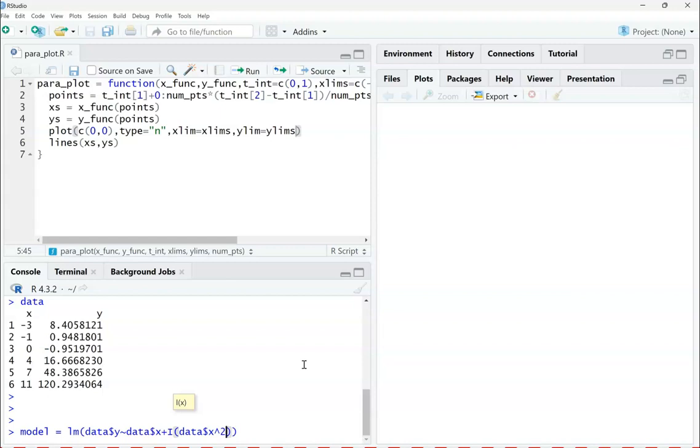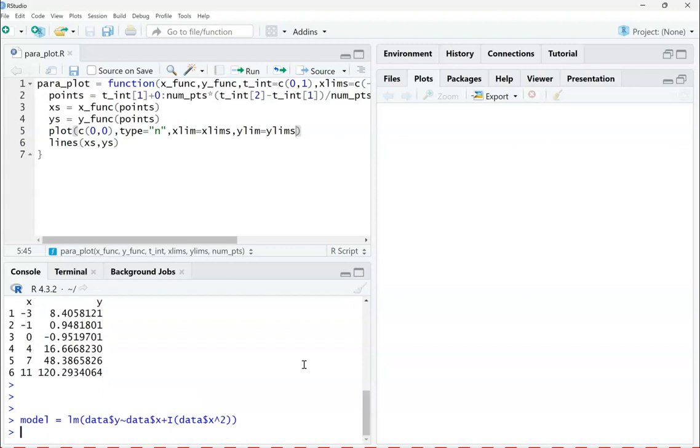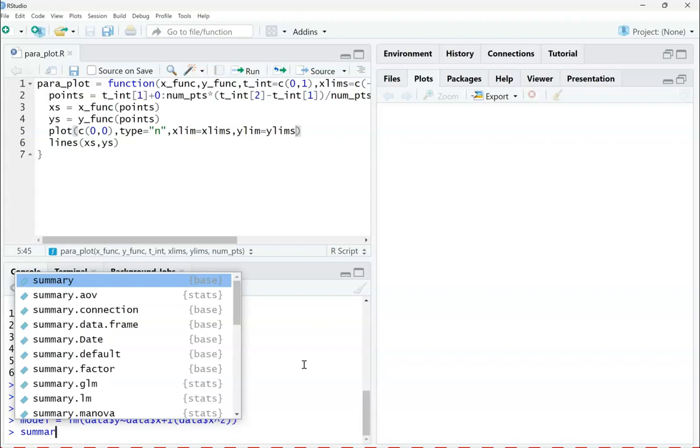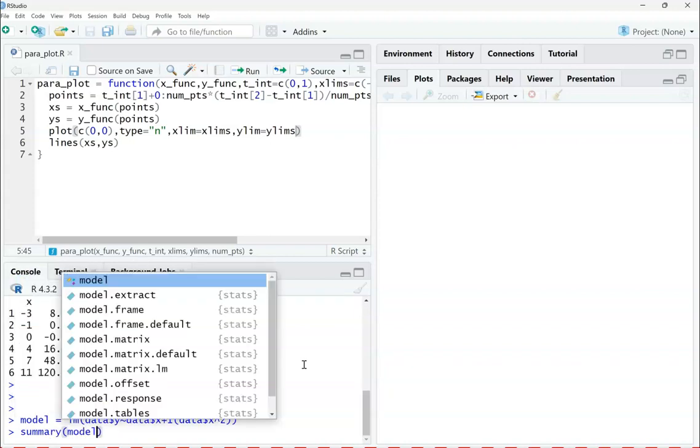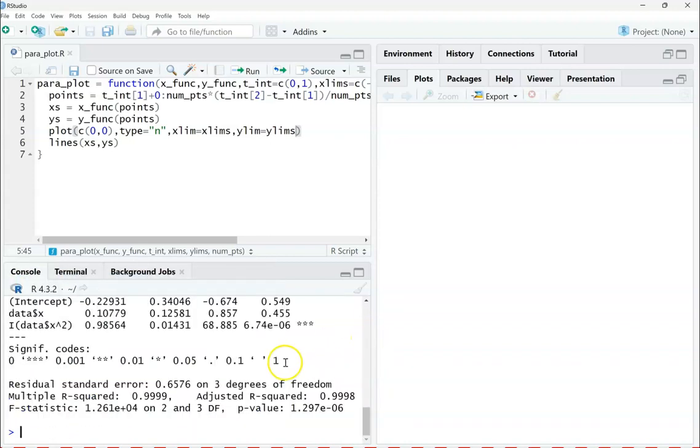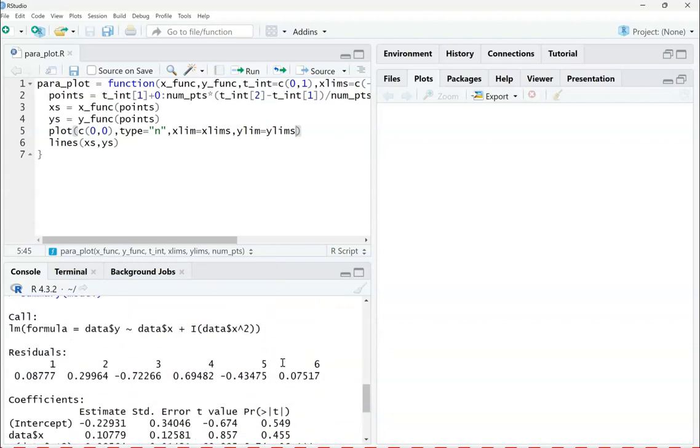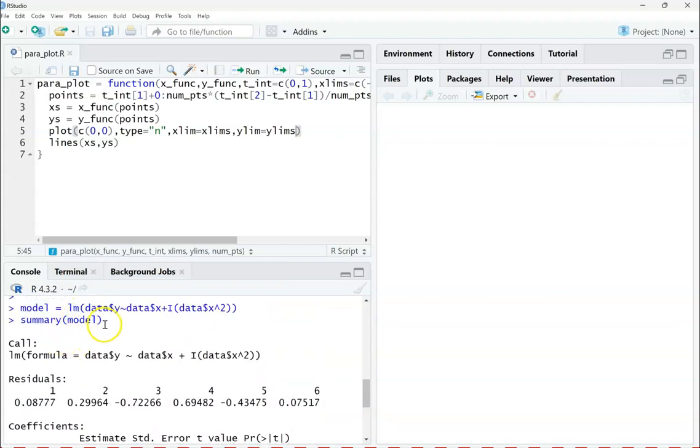And then again, same syntax here. I'm referencing the x values in the data that we have saved, and I want to square it. And then remember again, to see all the information in the model, we use the summary command, summary of the model.